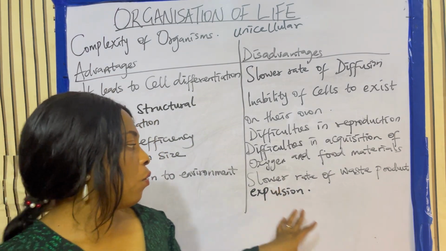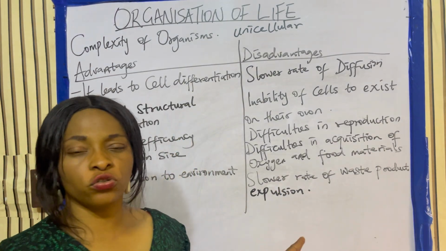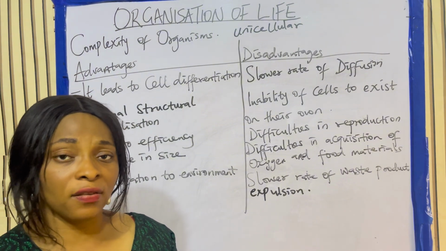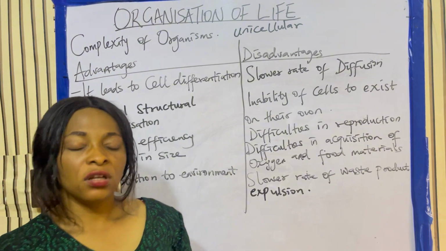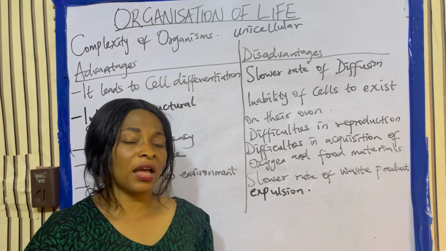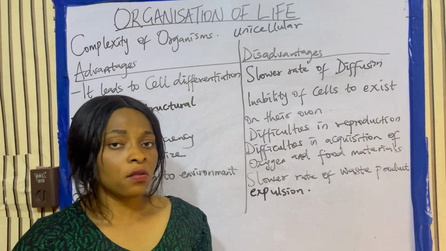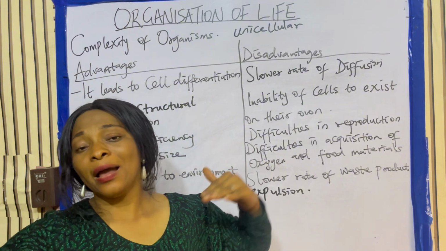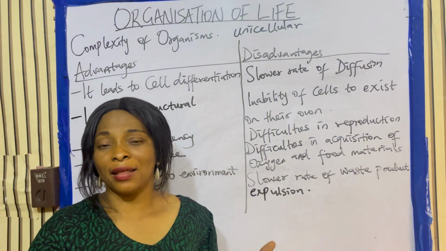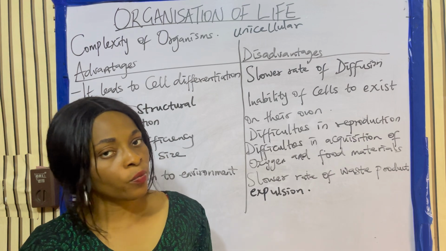Next, slower rate of waste product expulsion. Unlike unicellular organisms, once they eat their food, the waste products are removed immediately. They are expunged from their system. It's not so with bigger organisms like plants, bigger plants like mango tree, man. Why?